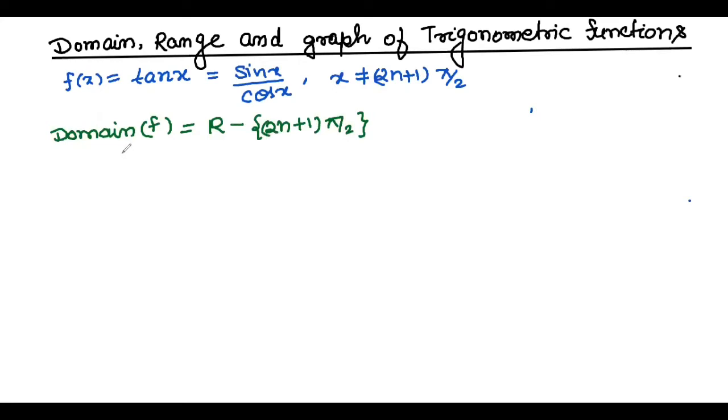Now we'll find the range. The range will be all real numbers, meaning minus infinity to infinity, because after applying domain values in tan x, we are getting all real numbers. So that is the range, the value of f(x). So it is minus infinity to infinity, meaning all real numbers.